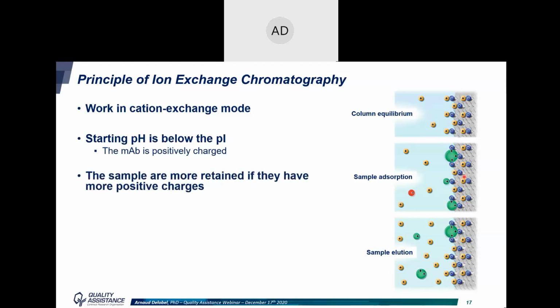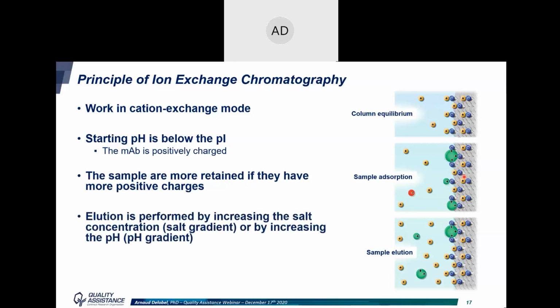The samples will be more retained if they have more positive charges, and the elution will be performed either by increasing the salt concentration, and in that case, there will be a competition between the cations in your mobile phase and the protein that is bound to the column, or by increasing the pH.